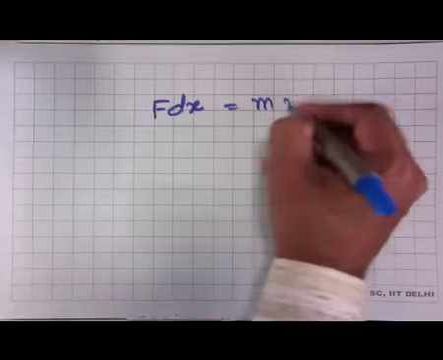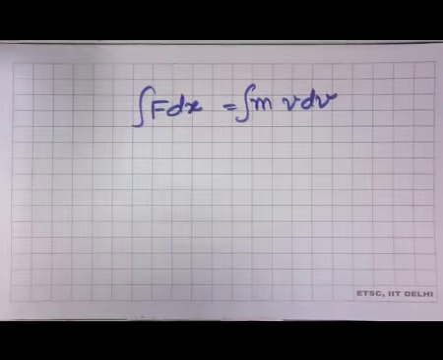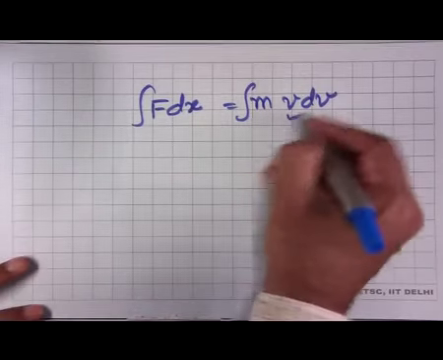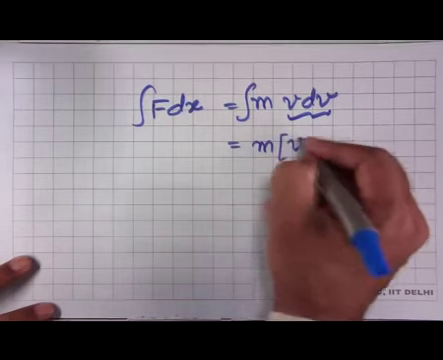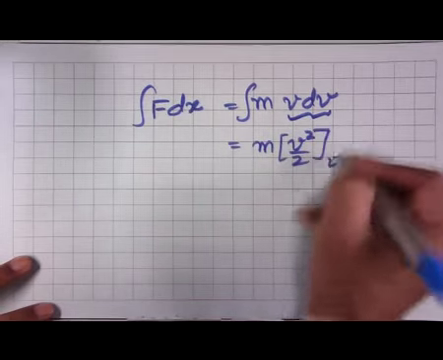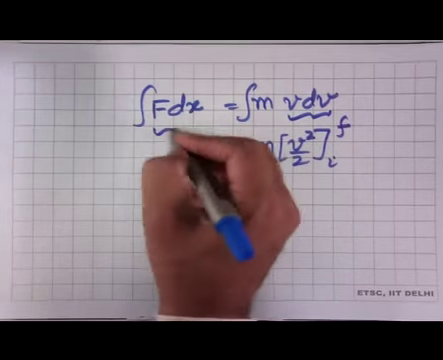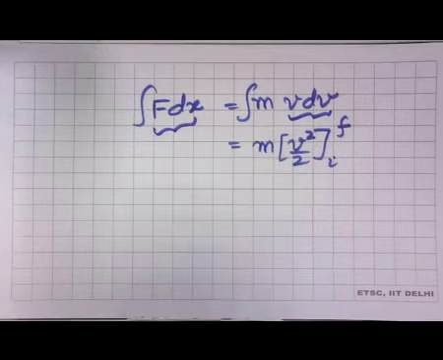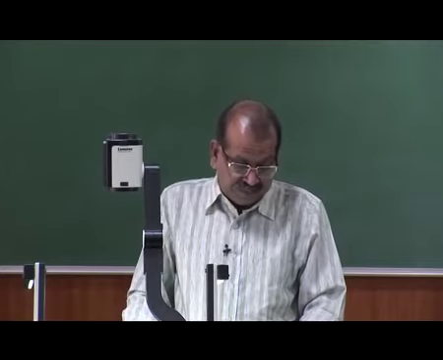So we get F dx is equal to m times v dv, and when we integrate this, v dv will become m times v squared by 2 from state I to state F. So this becomes the change in kinetic energy, and the integral of F with respect to x gives us the work done. Therefore, the work energy theorem is an integrated form of Newton's second law.